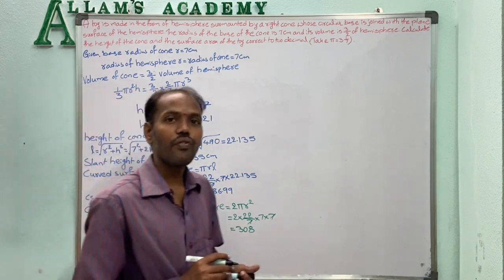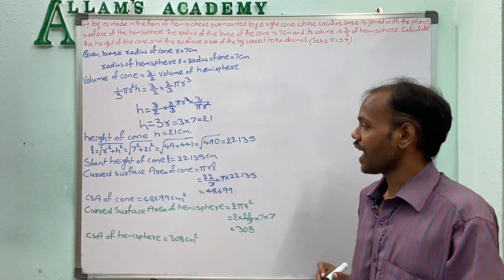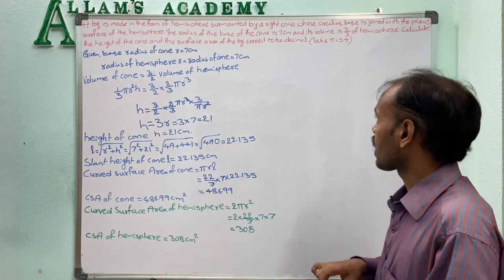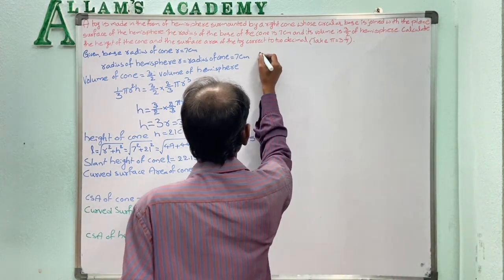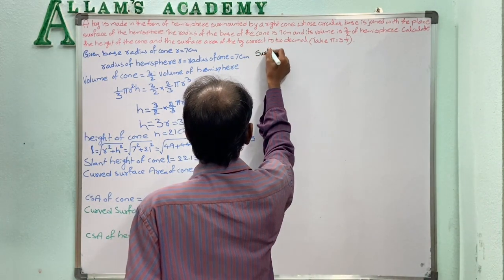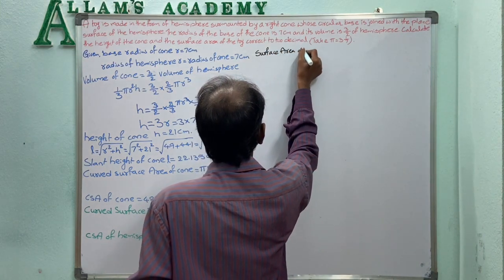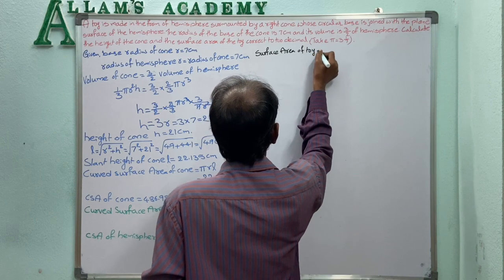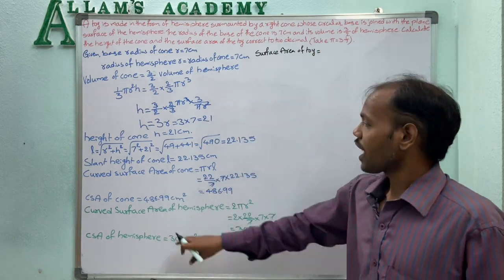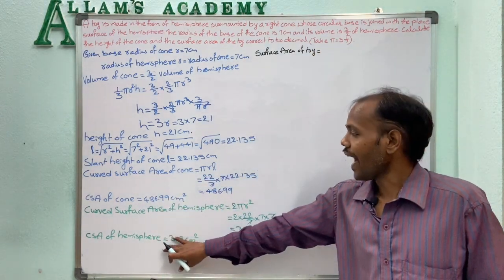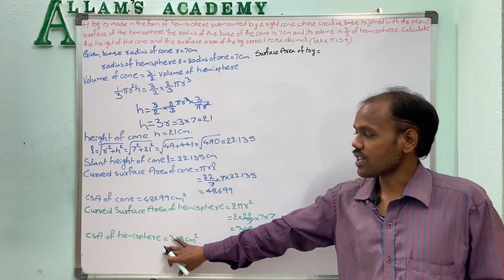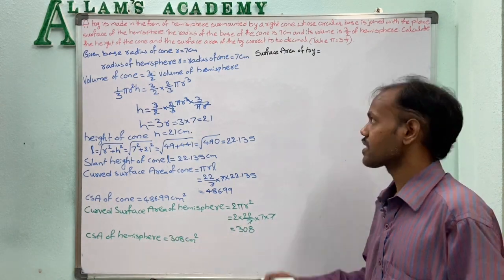Now we find the surface area of the tie. The surface area of the tie is nothing but the addition of the curved surface area of the cone and the curved surface area of the hemisphere.